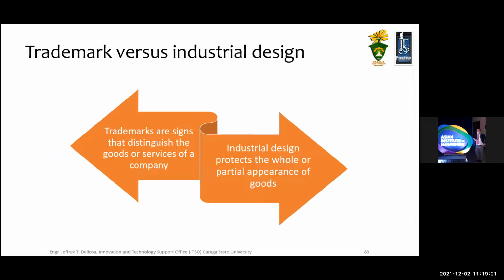Now, the differences between trademark versus industrial design. For you guys, I think it's good to understand the differences between the two. Trademarks are signs that distinguish the goods or services of a company, and industrial design protects the whole or partial appearance of the goods. I hope you can distinguish the two.